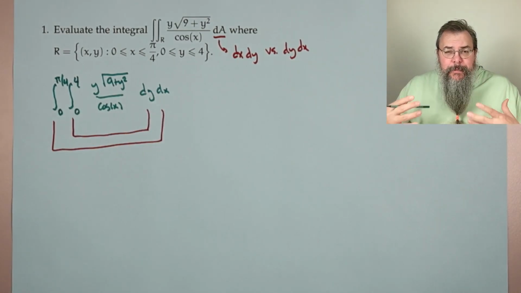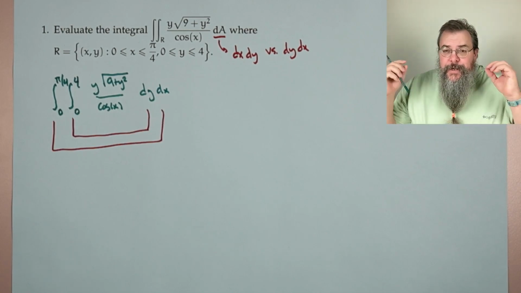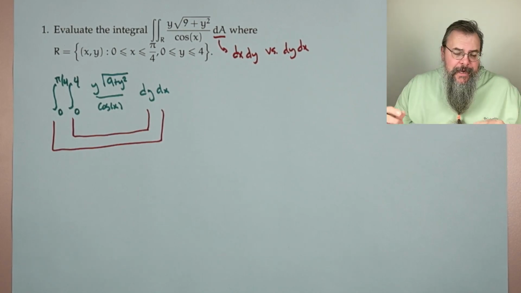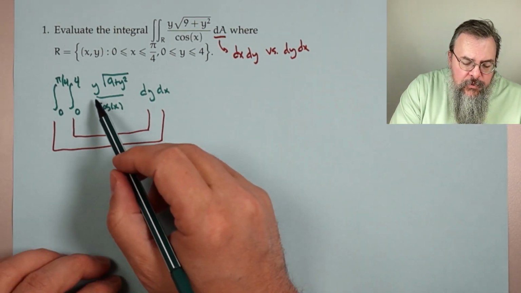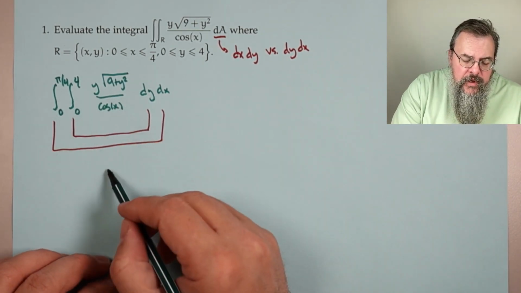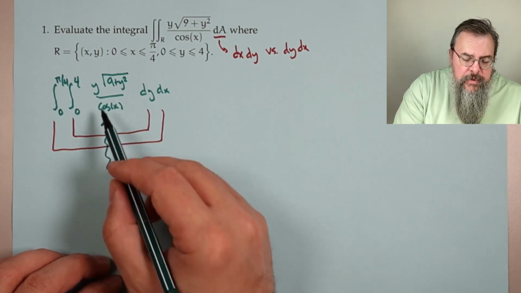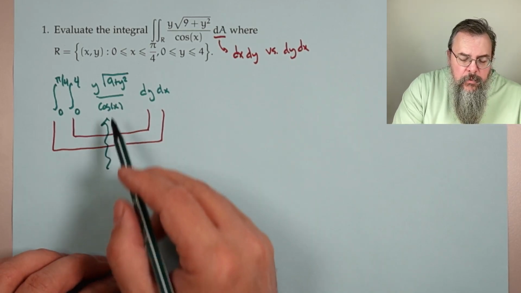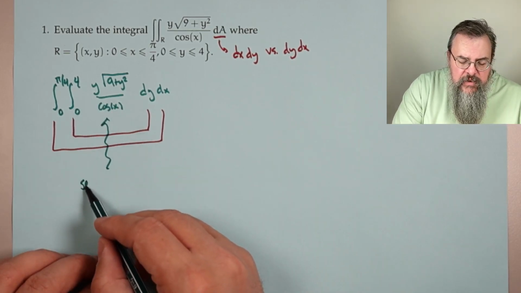Now this is a type of integral where you can do something kind of fun, and I'll point it out. Namely, notice that this function, you can write it in a slightly different way. So this can be written as 1 over cosine, I'll just write that as secant of x.